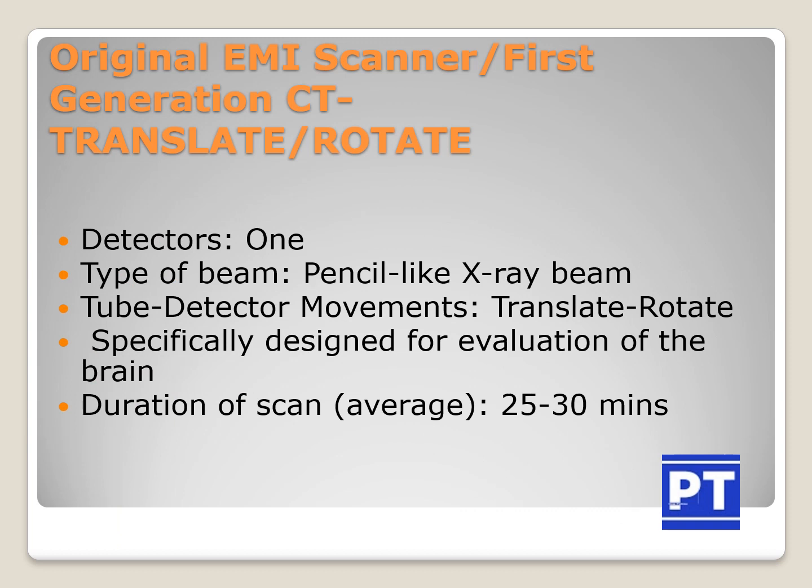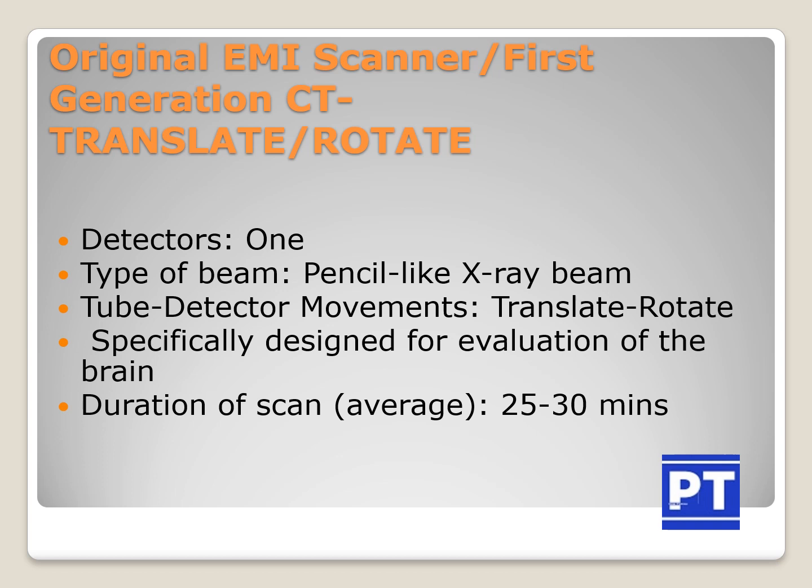So we are moving on to the different generations of CT. The first generation is known as the original EMI scanner, or first generation CT. It is otherwise known as transit rotate CT. In first generation CT, there was only one detector.